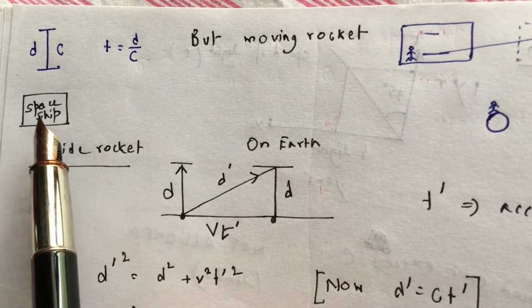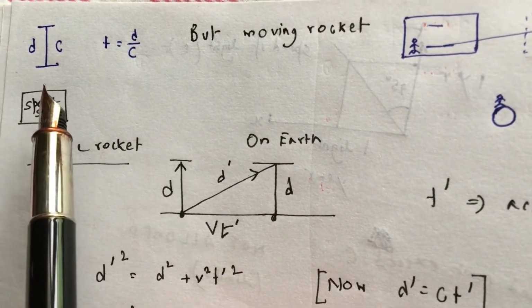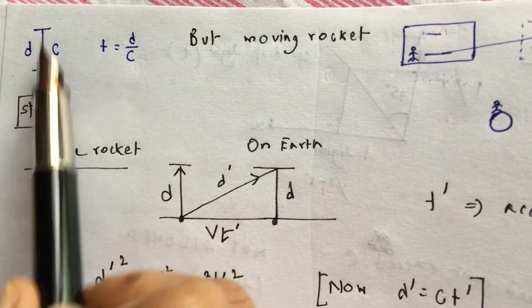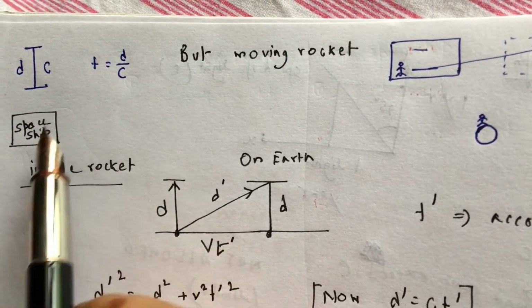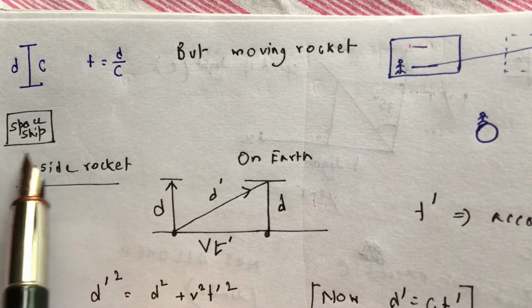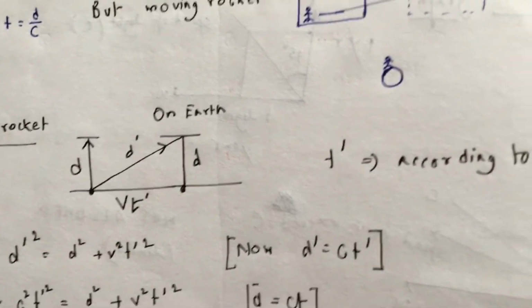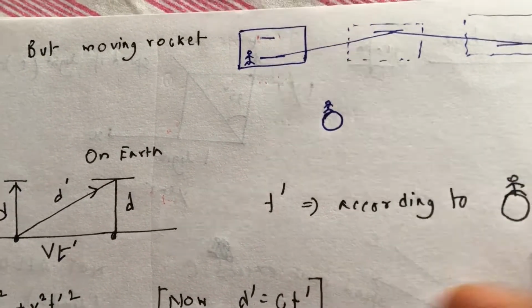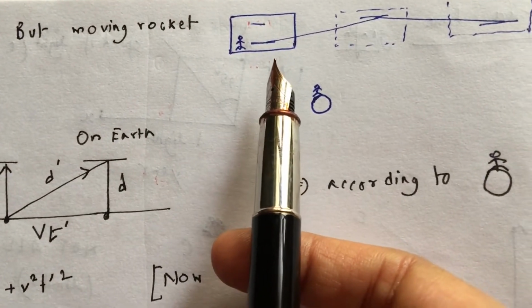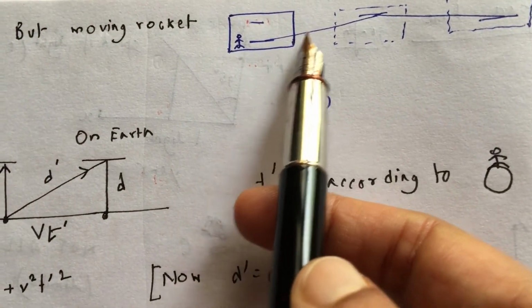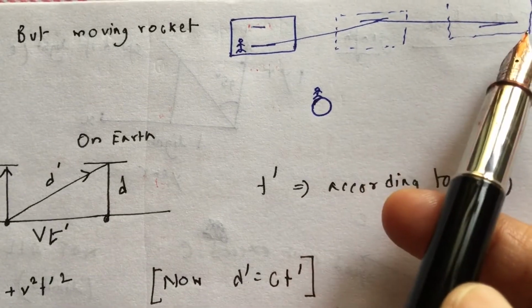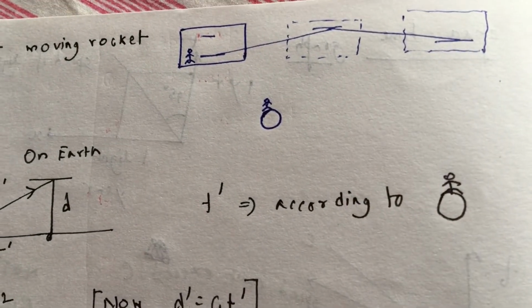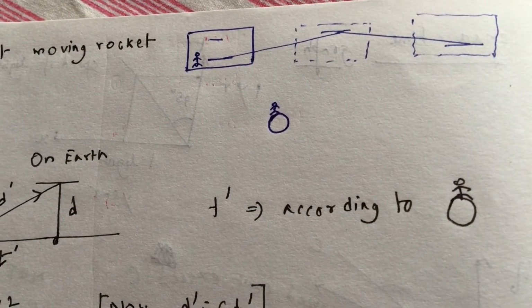According to the observer inside the spaceship, the light moves vertically, and this is the time measured by observer inside the spaceship. But what about the observer who is residing on earth? According to him or her, the light will move like this. I have discussed this in my previous video.